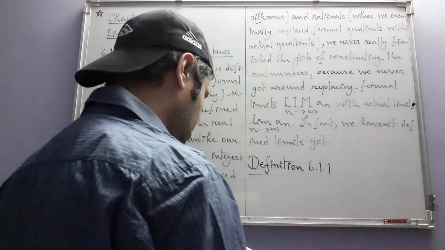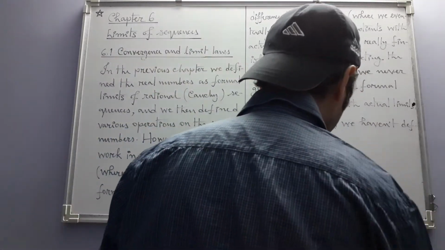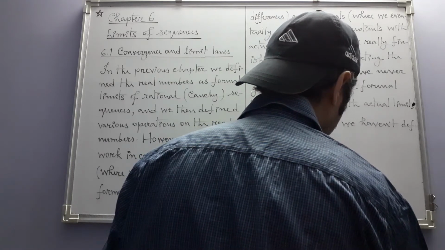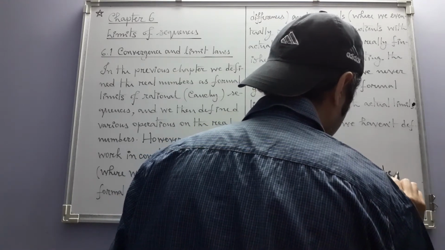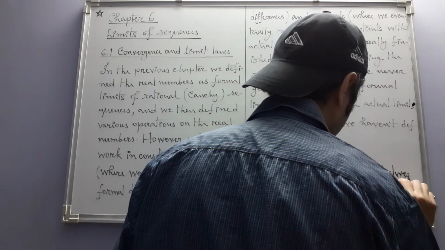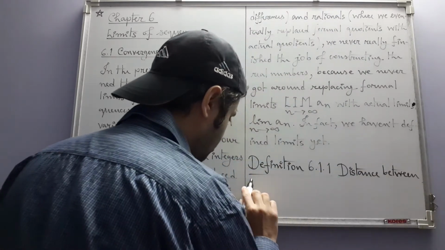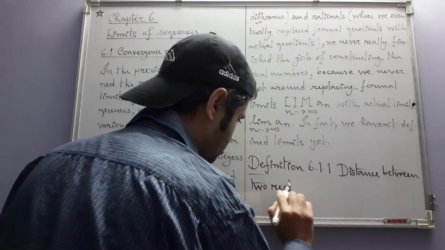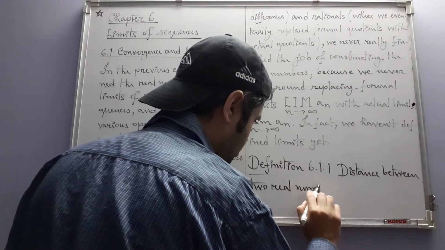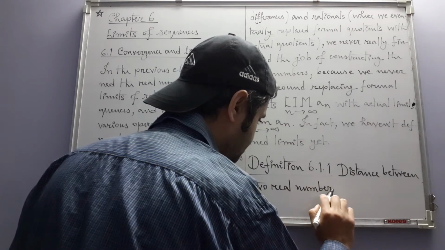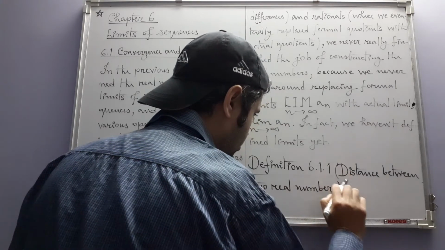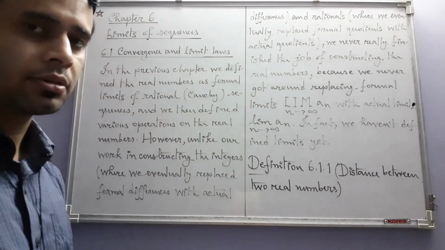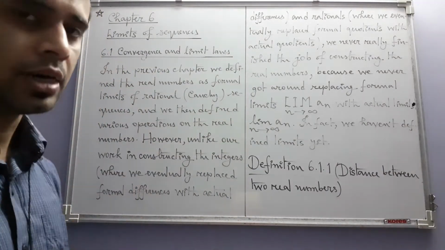Definition 6.1.1, distance between two real numbers. You will see that all these definitions are exactly similar to the corresponding ones for rational numbers.